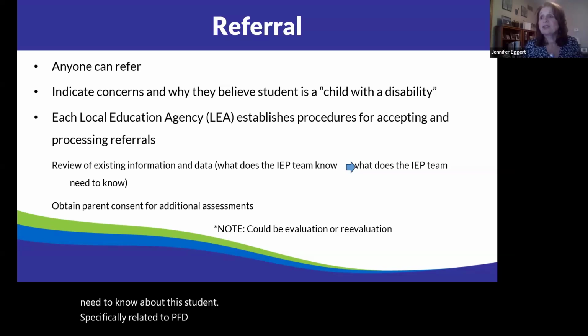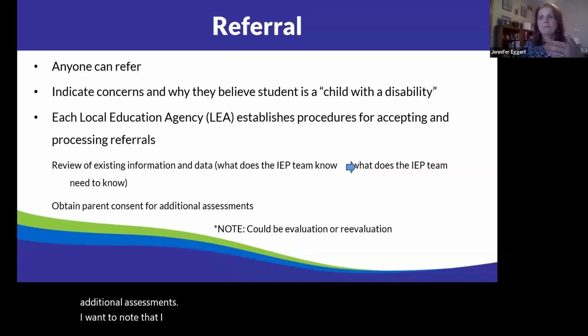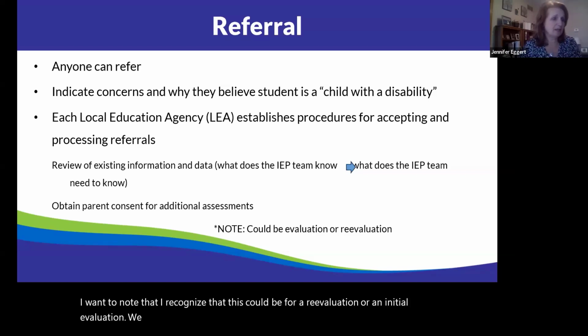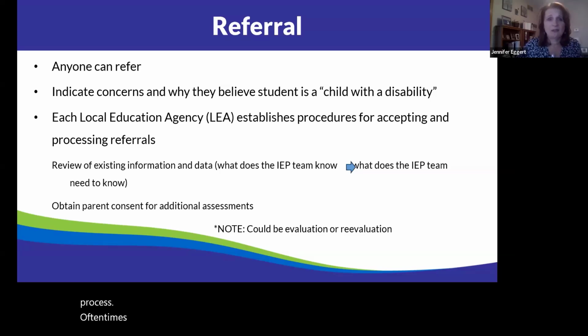And then, of course, we need to obtain consent for additional assessments. I want to note that I recognize that this could be for a reevaluation or an initial evaluation. We have students that come in and things change, or we learn more information, we learn new information. And so sometimes it is a reevaluation process. Oftentimes, though, it is also an initial evaluation.